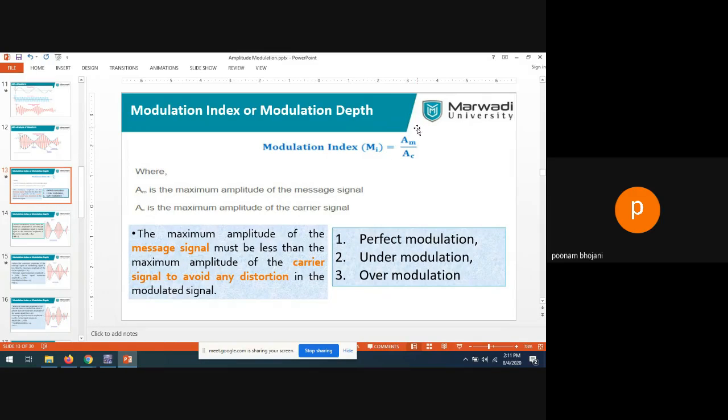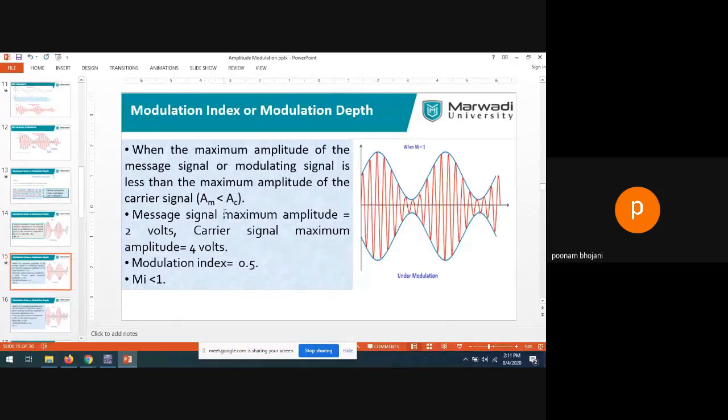When AC is greater than AM. So AC plus AM is the maximum amplitude, but AC minus AM, where AC is greater than AM, is some positive value, neither 0 nor negative.